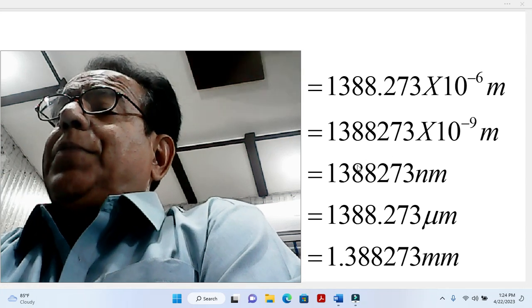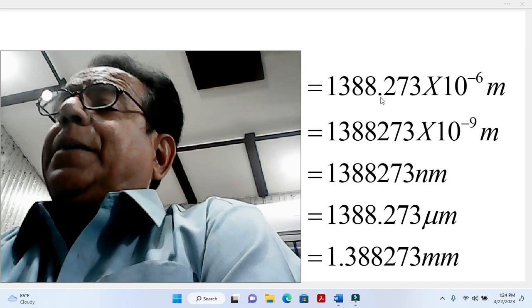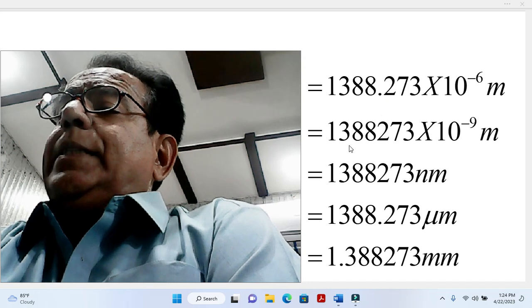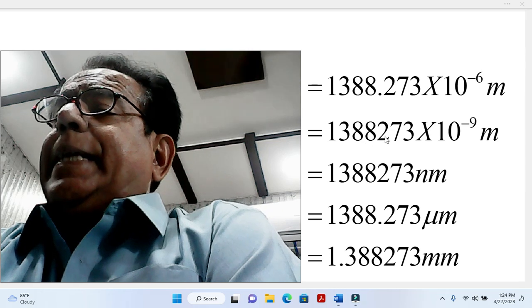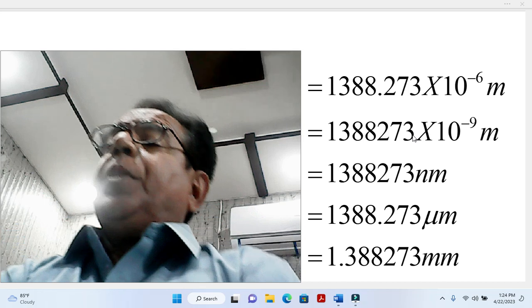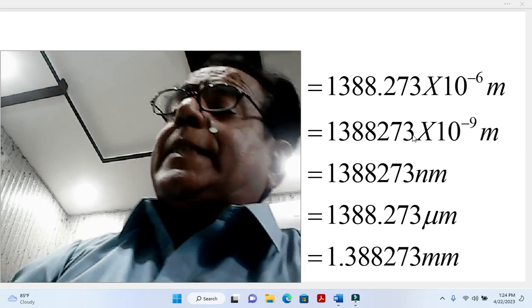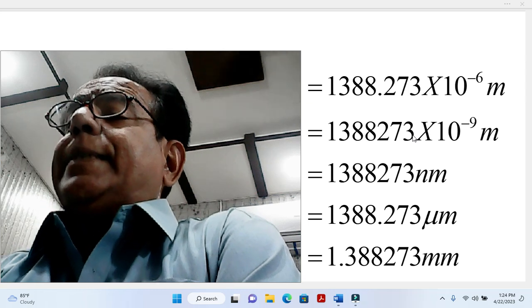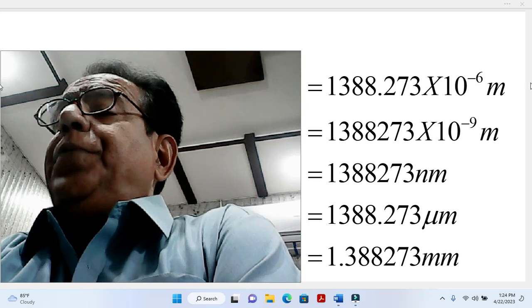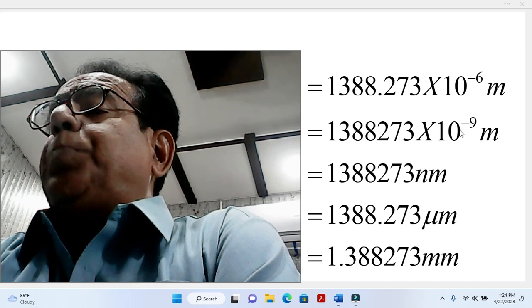Next, we have shifted the decimal 3 places ahead. So this has become 1388273.000. By shifting this decimal 3 stages ahead, we shift 10 to power minus 6 to 10 to power minus 9.